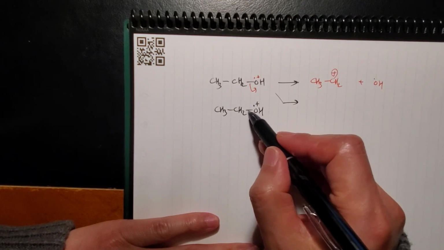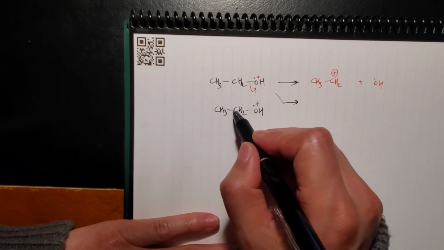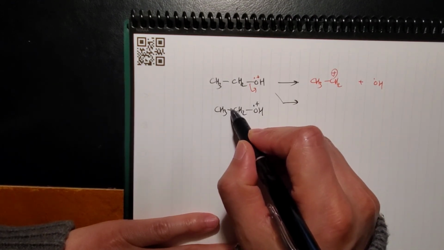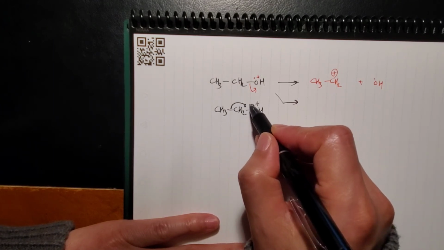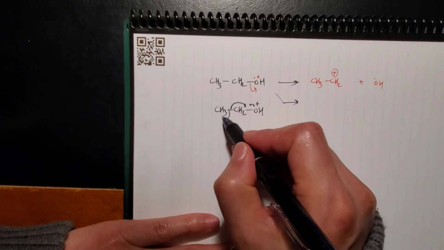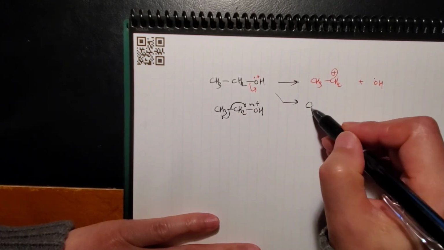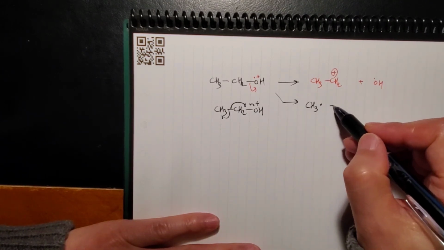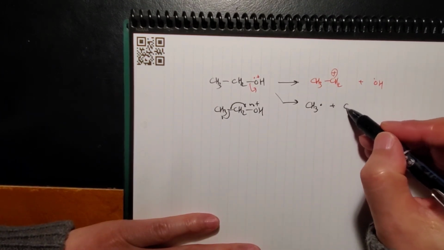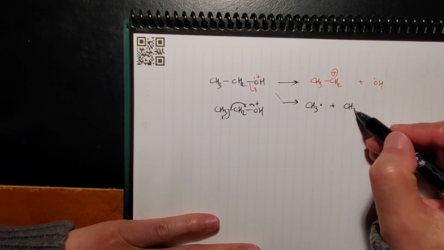So instead of breaking here, you give one electron here and get there, and then you give this. So the methyl group radical is lost, and that's neutral, not detectable because it's not charged.